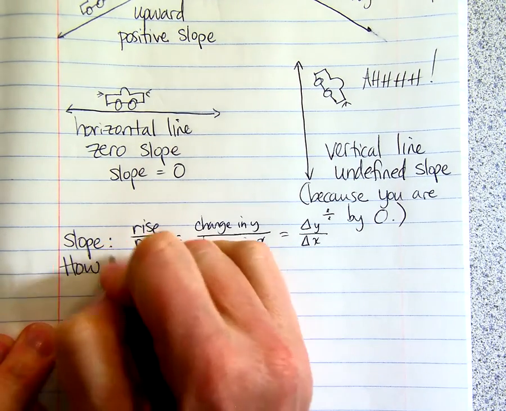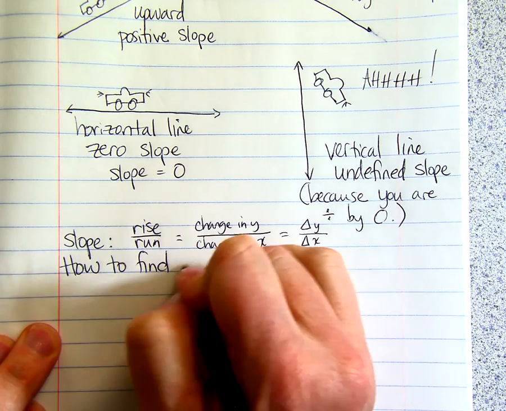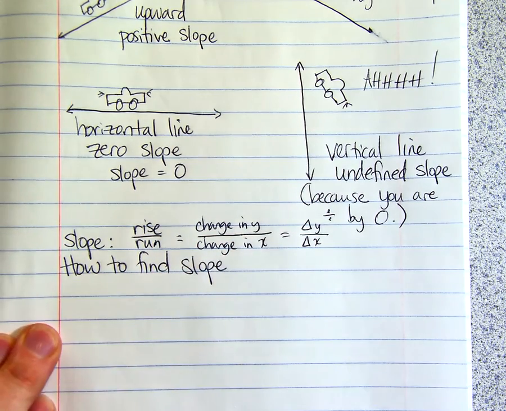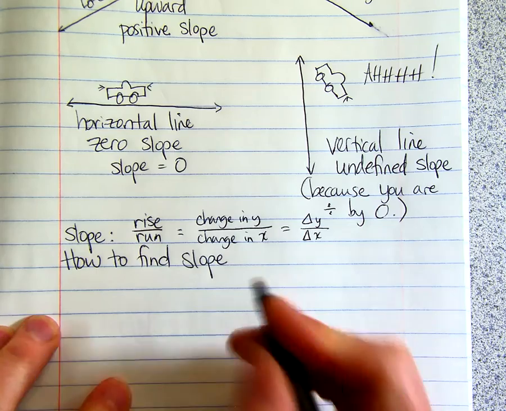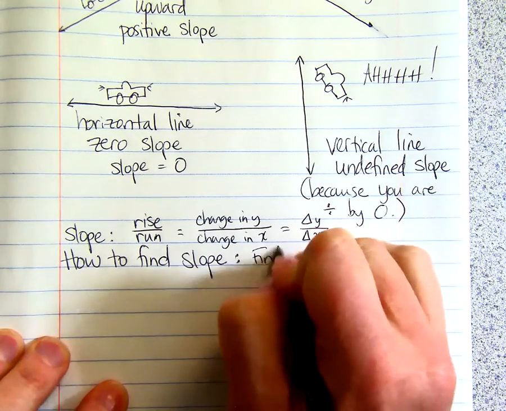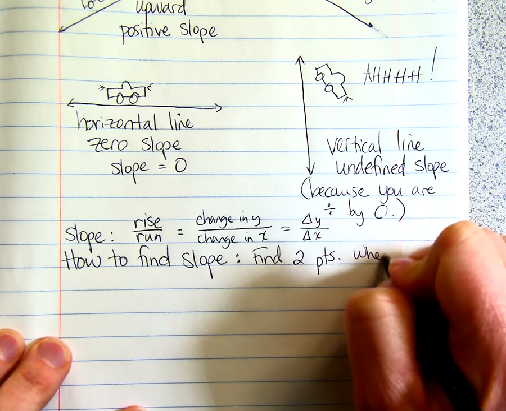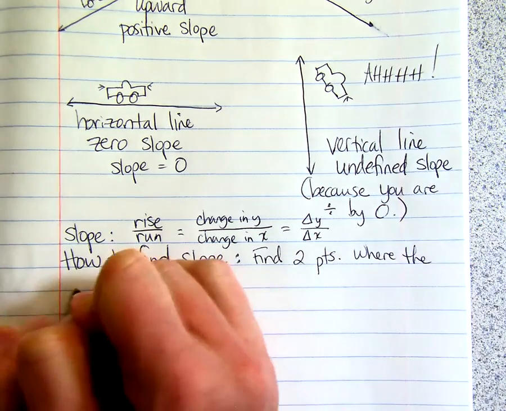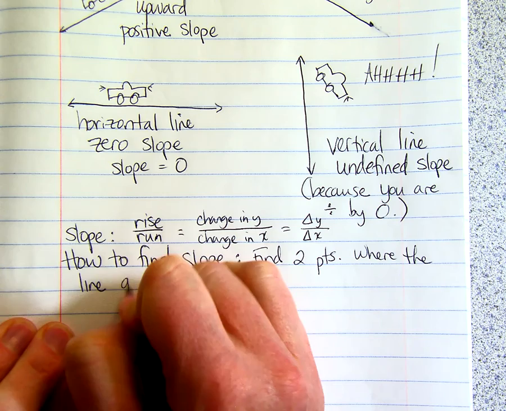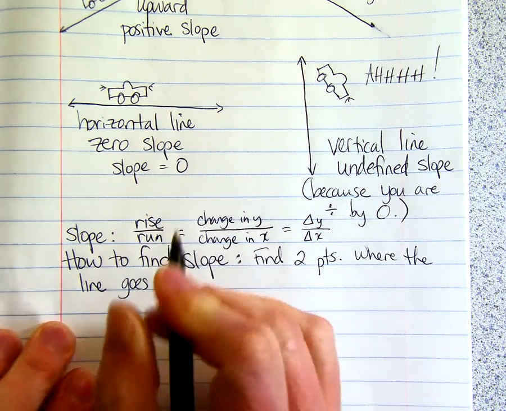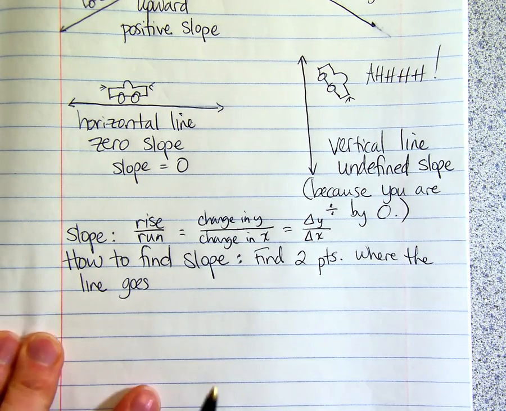So how to find slope. This is how we're going to do it. So you find 2 points on the line that you can name. So find 2 points where the line goes exactly through the grid of your graph.